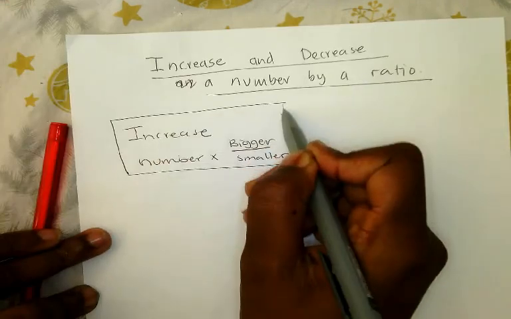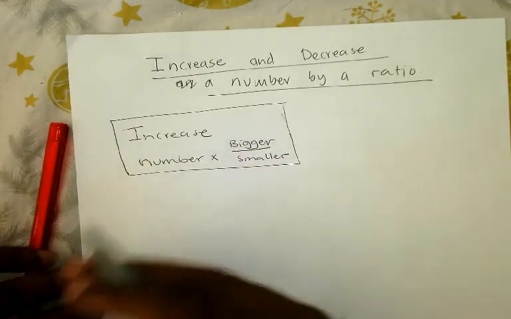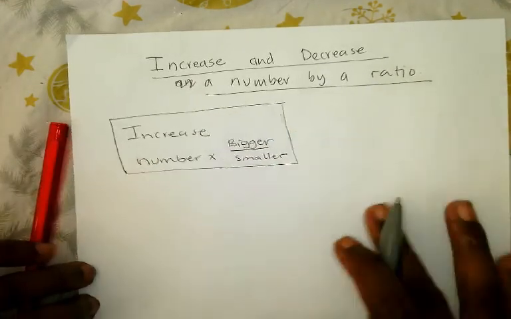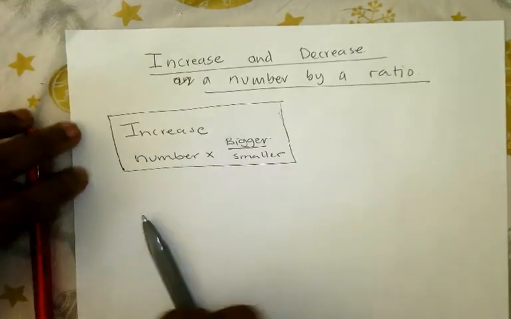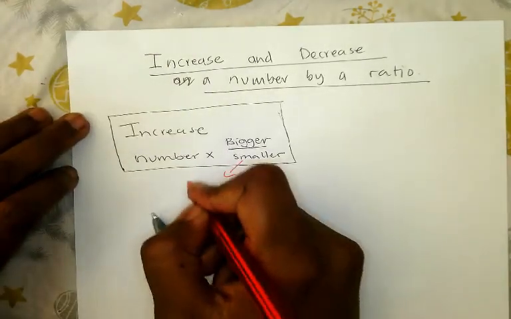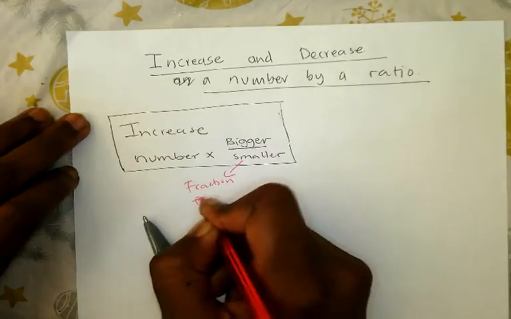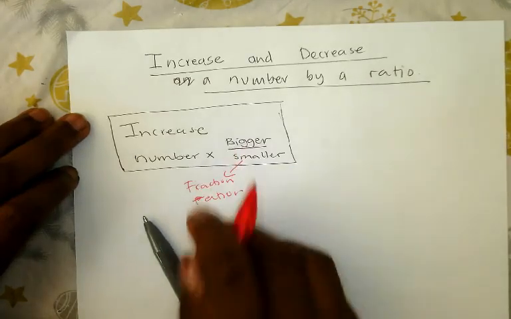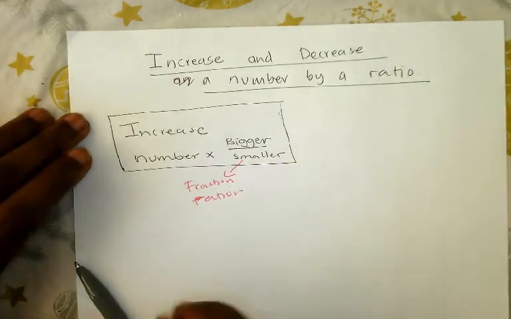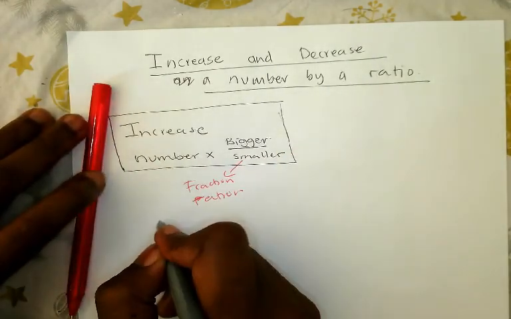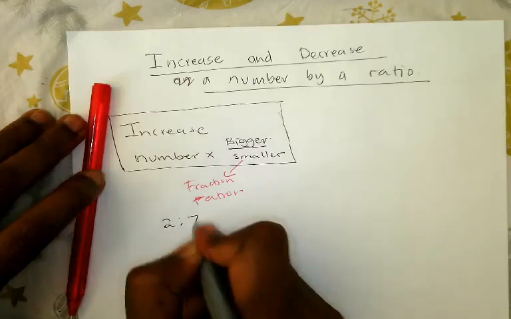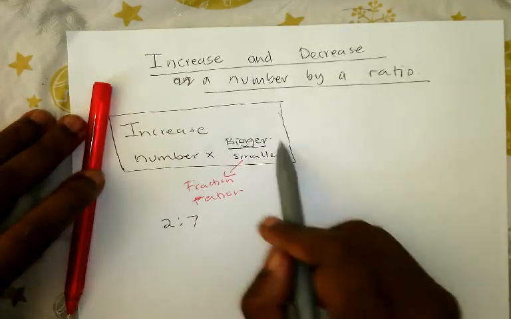So we form a fraction from the ratio in this format. For example, let's say we are given 2:7. What will be the fraction? 7 over 2. The bigger one goes on top, the smaller one at the bottom.